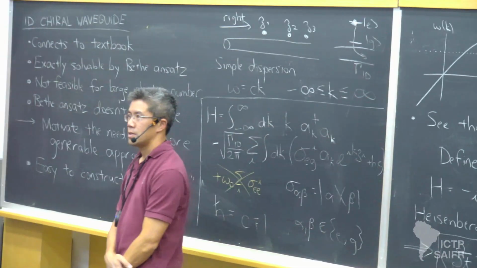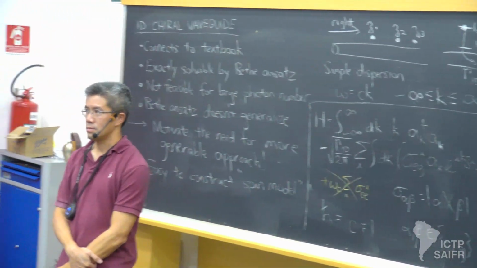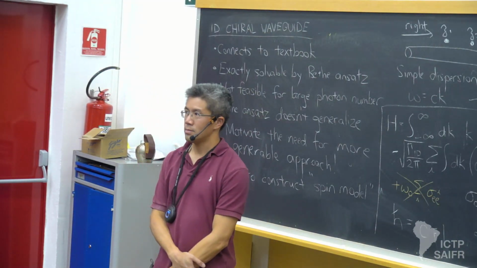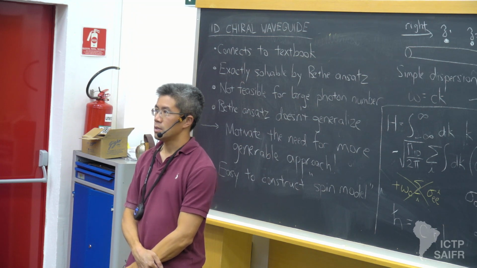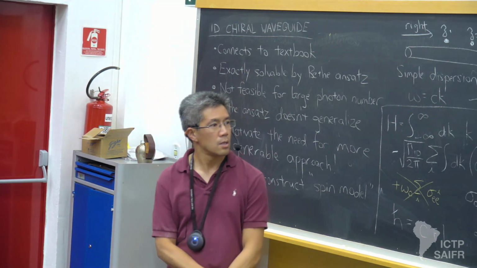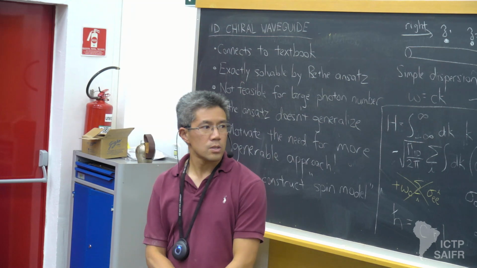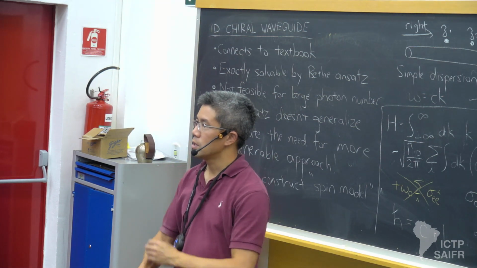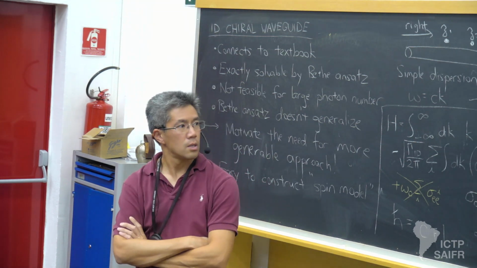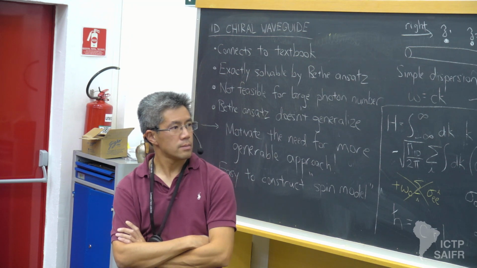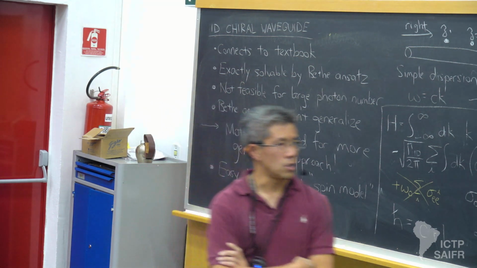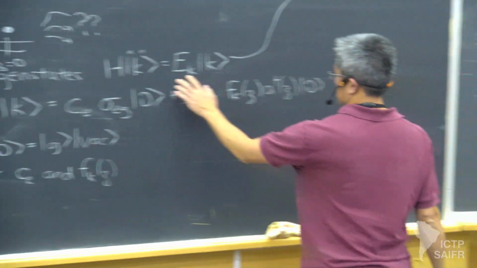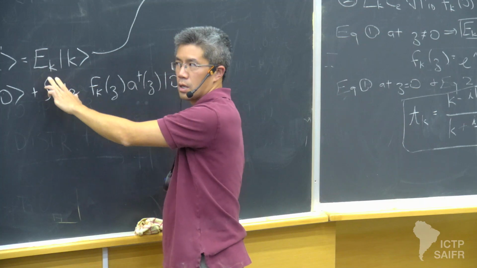So if we have a degeneracy in the system, will it work in the degeneracy case? When you say degeneracy, you mean can I have two different eigenstates with the same E of k? Yes.